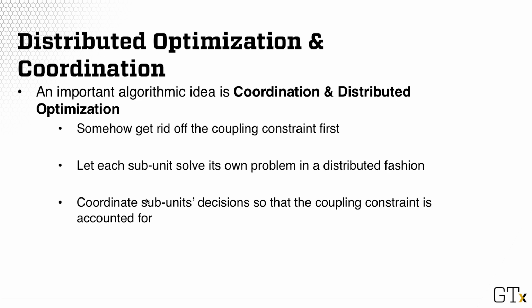After their individual optimization, they coordinate so that the coupling constraint will be taken into account. That is the so-called coordination and distributed optimization. There is a distributed optimization phase where each unit solves its own problem, and then a coordination phase so that the coupling, linking, or complicating constraint can be taken care of.